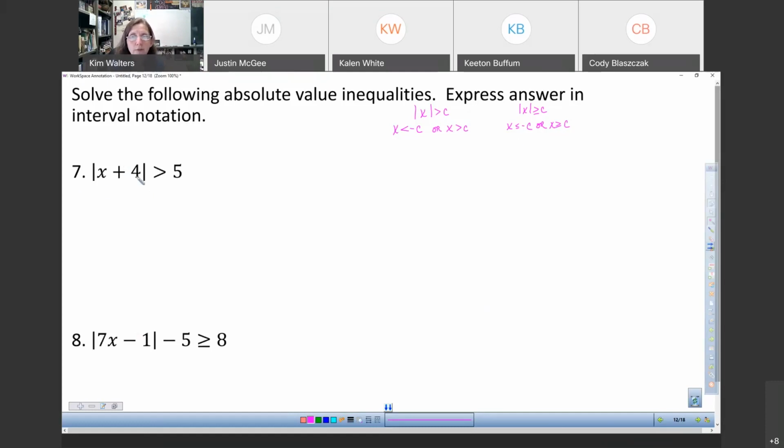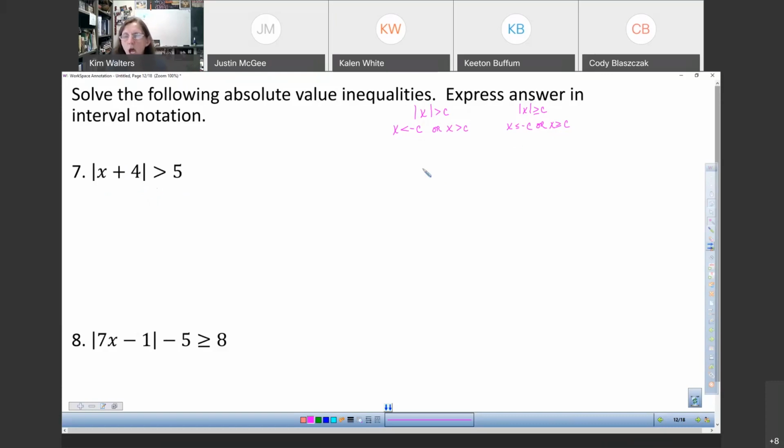So absolute value of x plus 4 is greater than 5. I found that doing the less than negative part first helps a little bit. It really doesn't matter which one I put first or second, but I found over the years that putting the less than the negative one just makes for fewer confusion places.